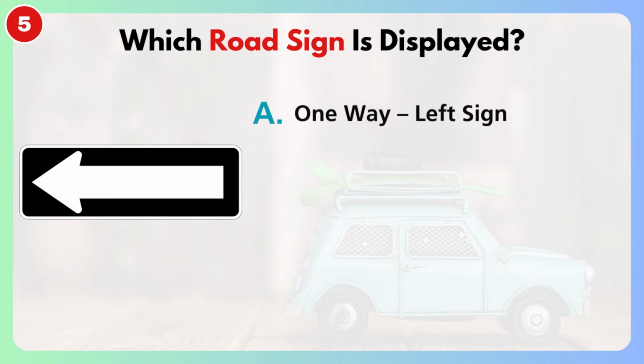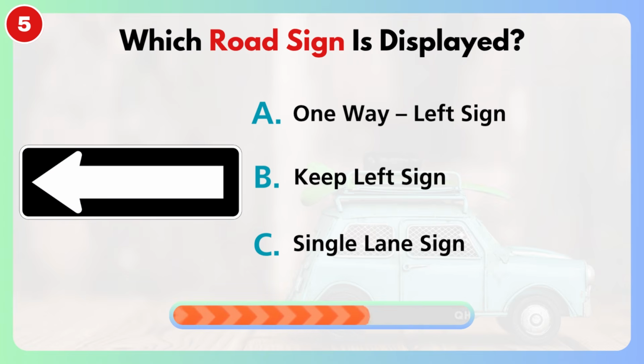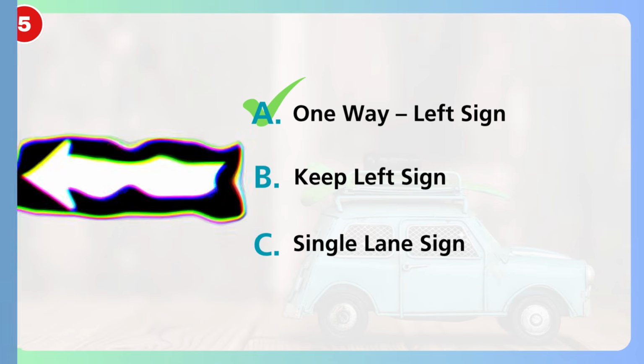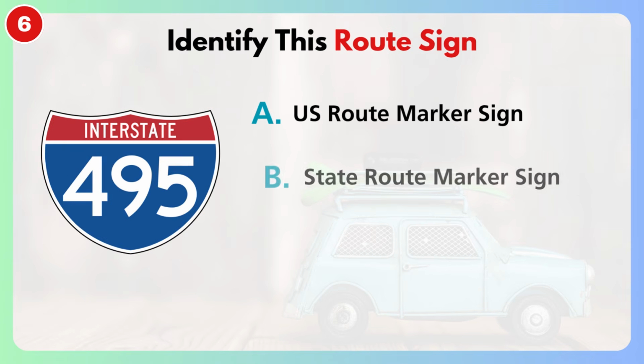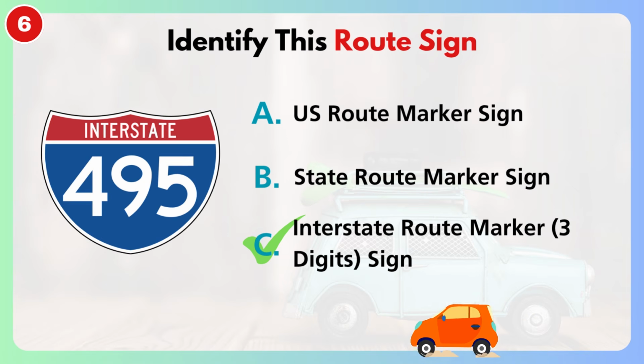Which road sign is displayed? One-way, left sign. Identify this route sign. Interstate route marker, 3 digits, sign.